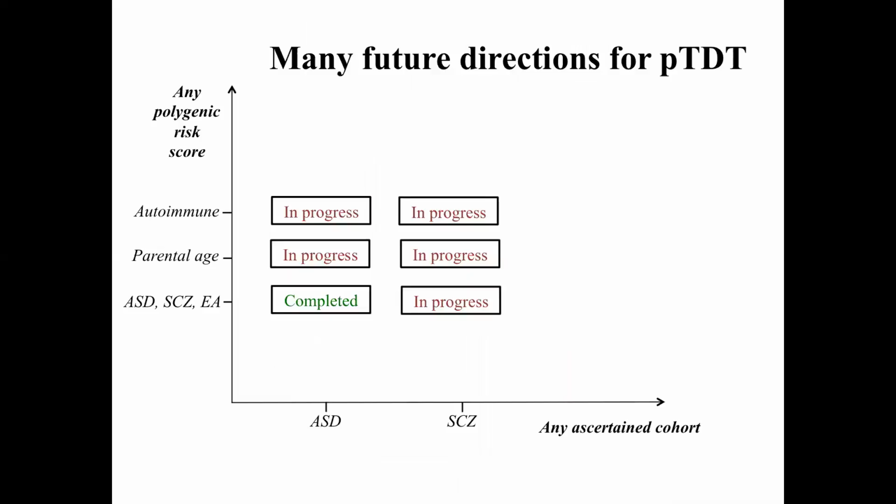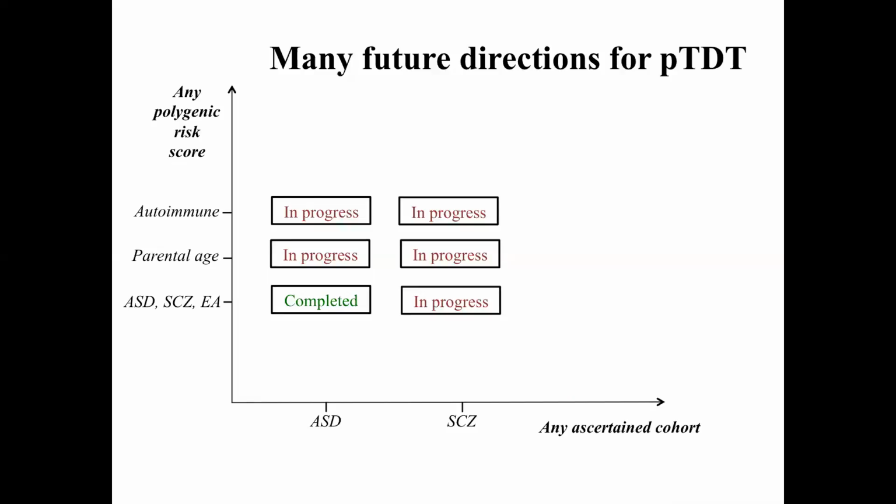What's nice about PTDT is that while we developed it in autism cohorts, it's applicable across any ascertained cohort and across any class of polygenic risk.